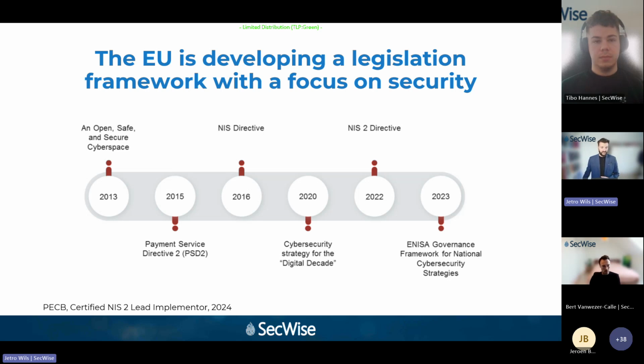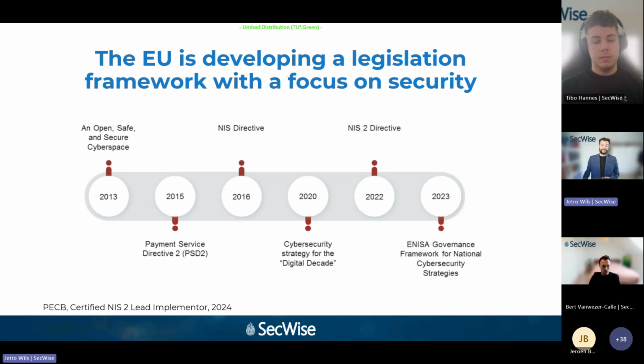And that's why you have these different topics that they then published. So Europe in 2013, the EU published this vision statement, this vision document about an open, safe, and secure cyberspace, right? And then in 2015, they came out with the PSD2, the Payment Service Directive, which was basically open banking and making sure that the financial transactions and the banking apps belong to you and not to the bank. So you can basically export them and use them for other open banking apps.